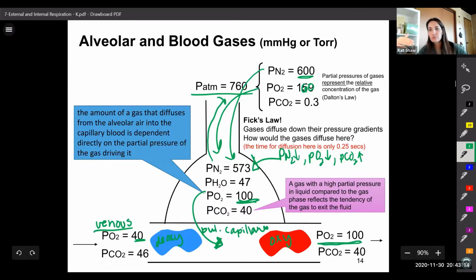Now the oxygenated blood that's going to leave the capillaries should be around 100 millimeters of mercury. There's our partial pressure. And at this point, if we have normal perfusion ventilation matching, then we should see that we have 100% saturation of our hemoglobin when we reach this 100 millimeters of mercury for partial pressure.